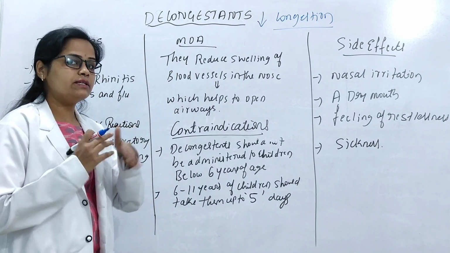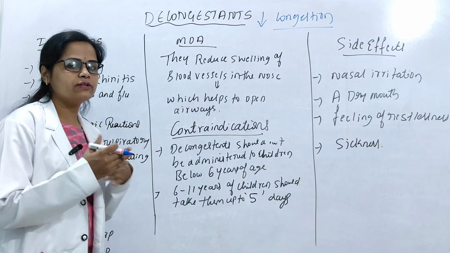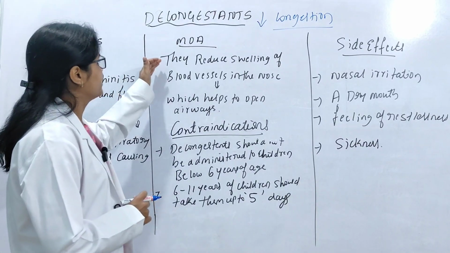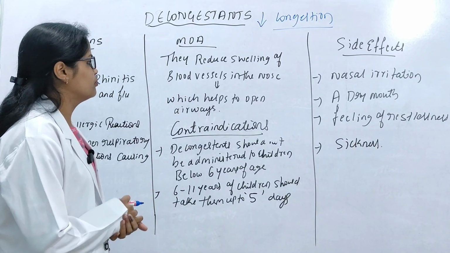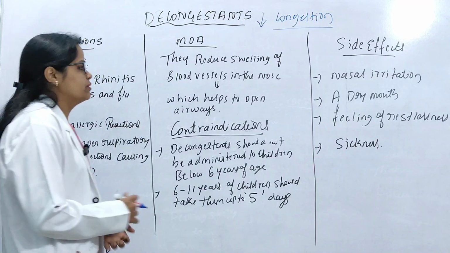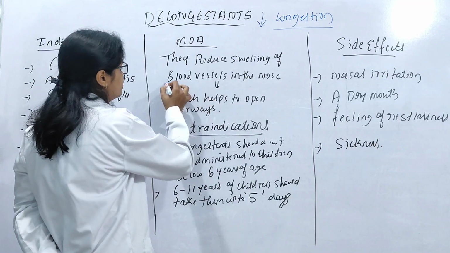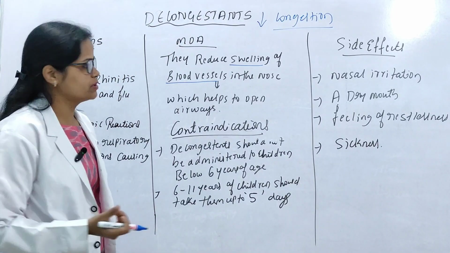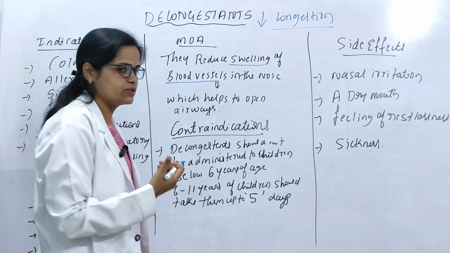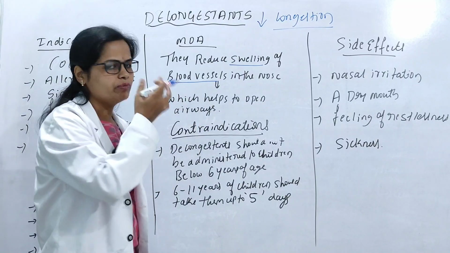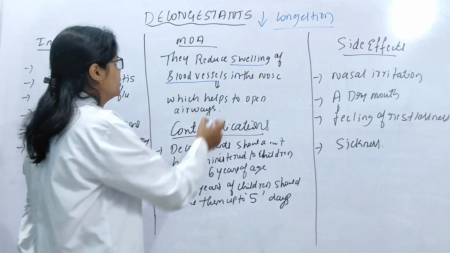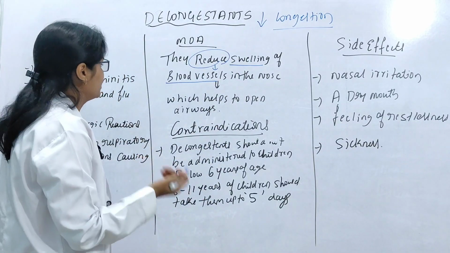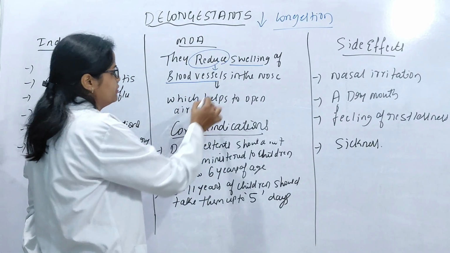These drugs are used as decongestants, means to reduce the congestions or the secretions in the nasal cavity. So here the mechanism of action is they reduce the swelling of blood vessels in the nose. Okay, why does the congestion occur? Because of the increase or the swelling of the blood vessels. Inflammation of the blood vessels causes nasal congestion. So when we administer these drugs, they reduce the swelling of the blood vessels in the nose, which helps to open the airway.